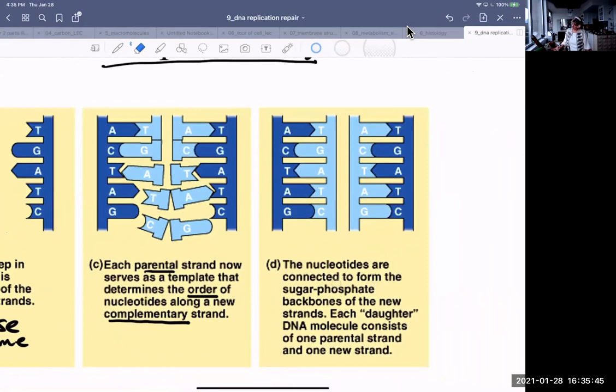They form a sugar phosphate backbone of the new strands. And the new strands are called daughter strands or daughter molecules, which will have one parental strand and one new strand.